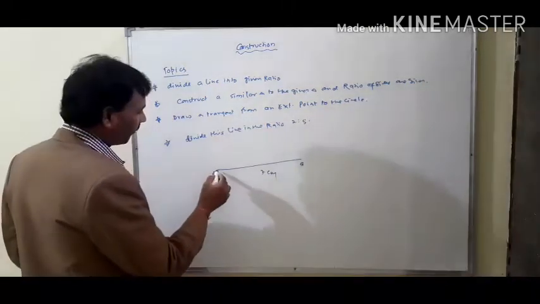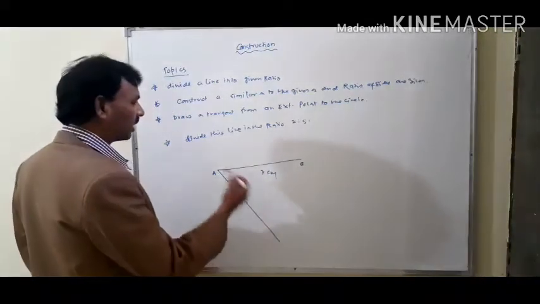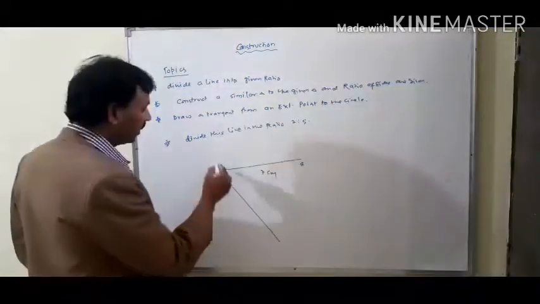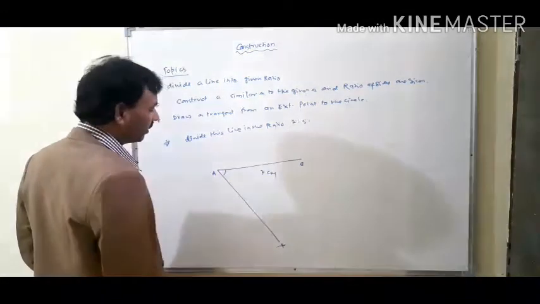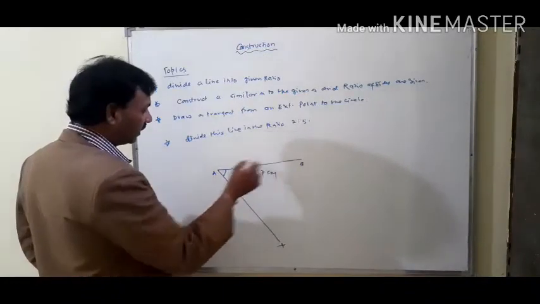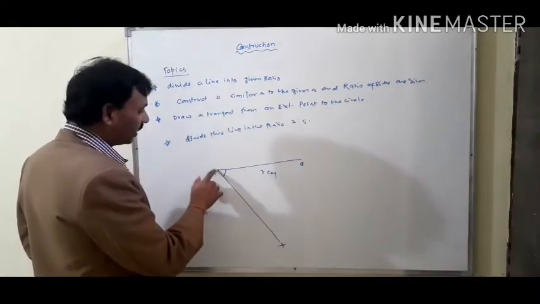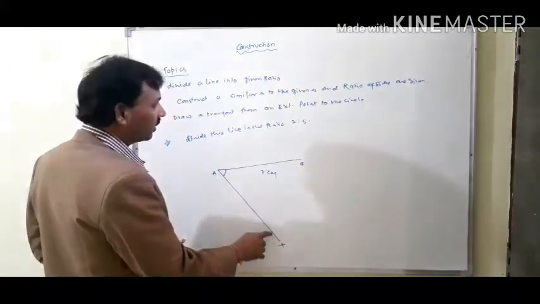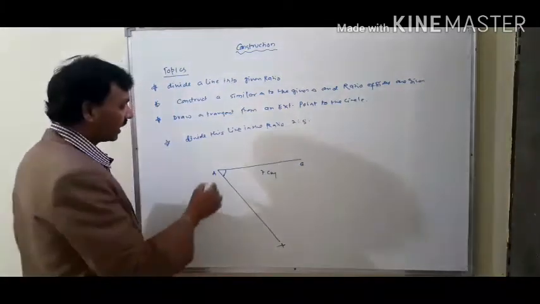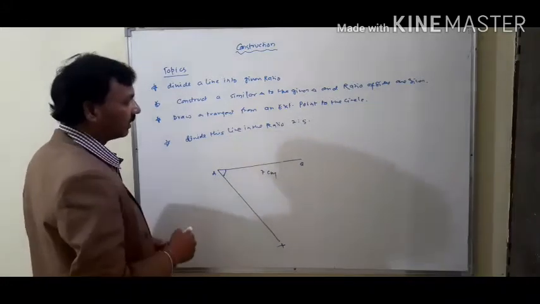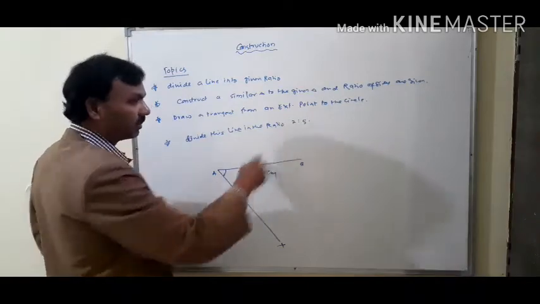First we make an acute angle with the AB line in the lower direction or upper direction. You can make it anywhere. Suppose I make an angle BAX here, but the condition is that this angle should always be acute. Cut on AX equal parts of 2 plus 5 equal to 7. The number of arcs is equal to the sum of the ratio.